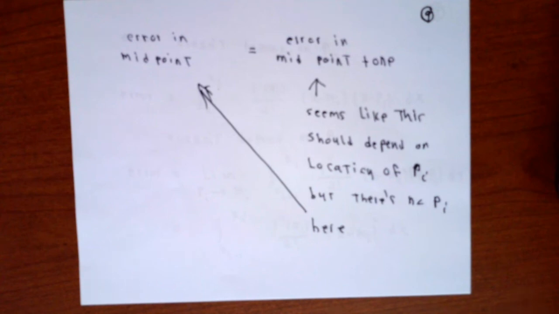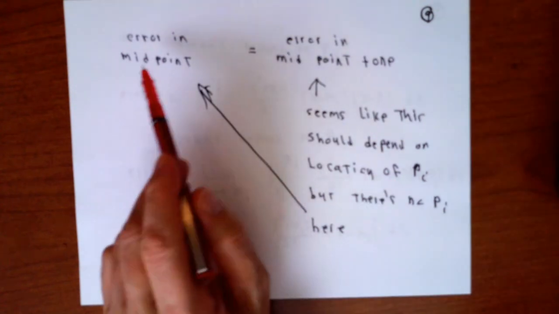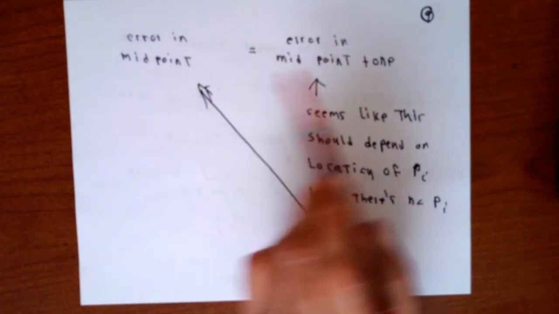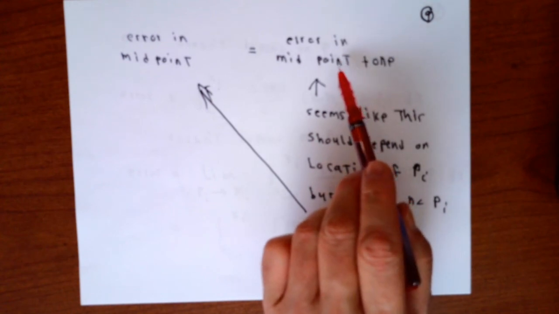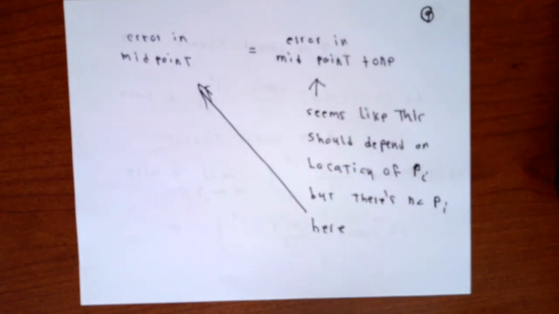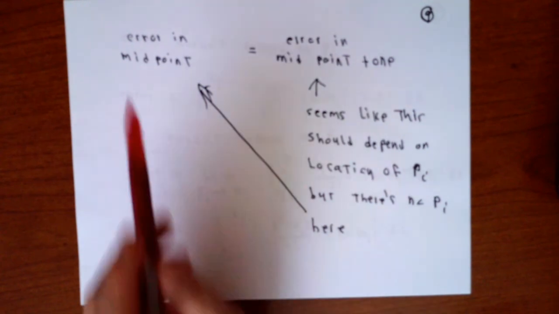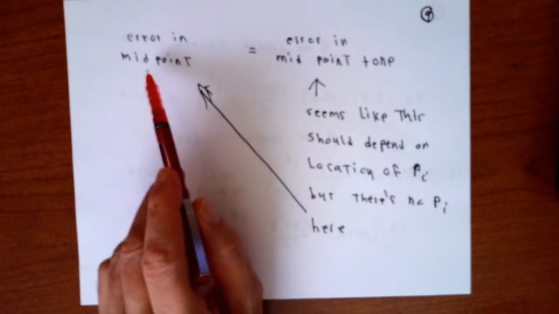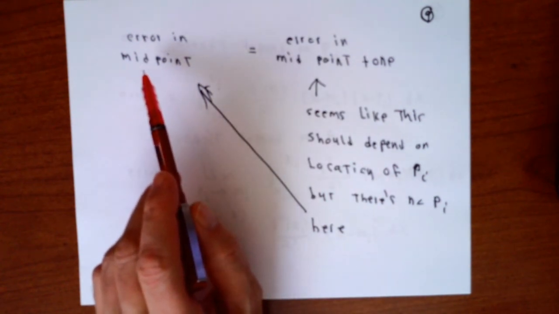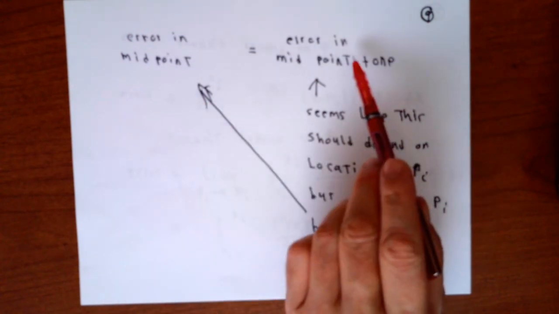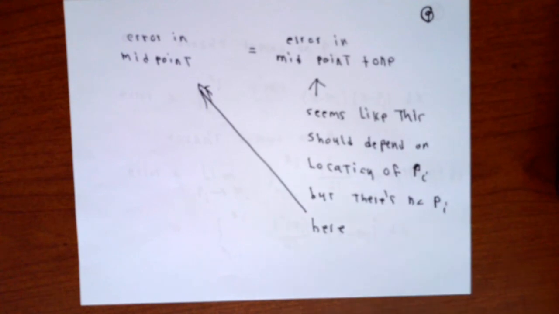But that's not true. The error in the midpoint rule is going to be the same as the error in the midpoint plus the additional point rule. This is the difference between the midpoint approximation and the actual value of the integral, this is the difference between the midpoint rule plus a point approximation and the true value of the integral.